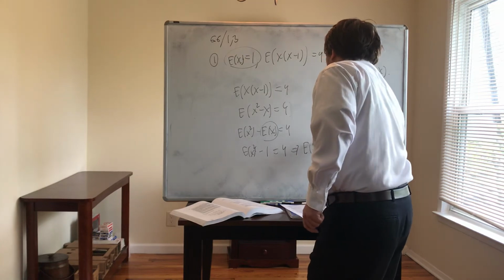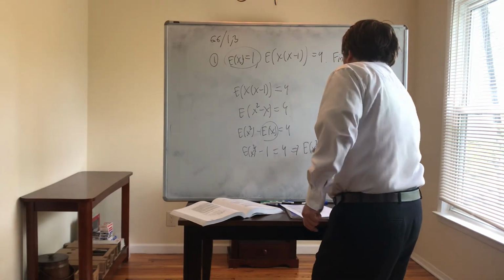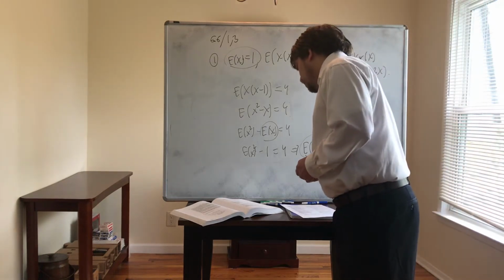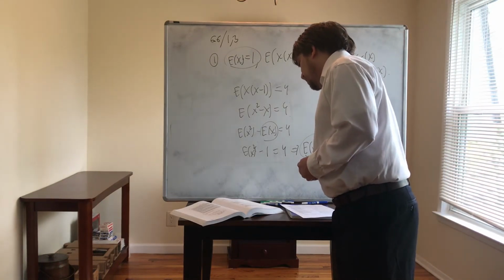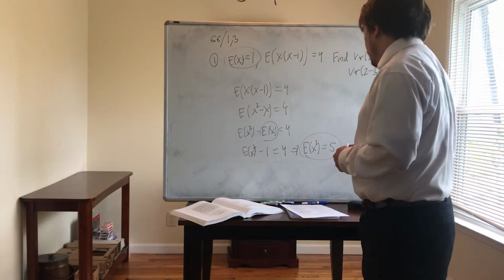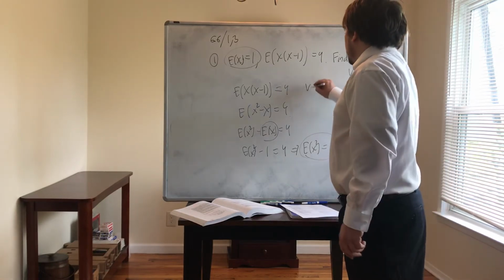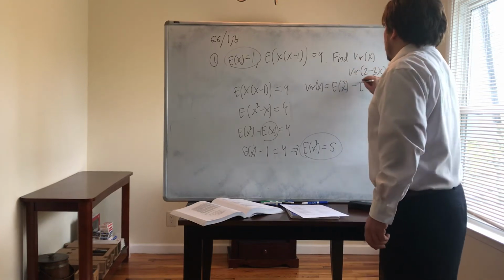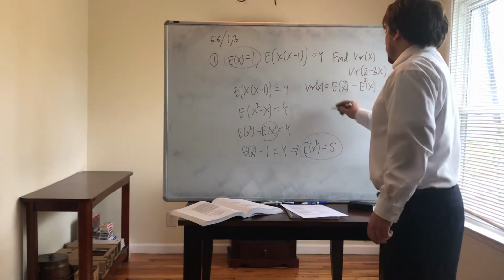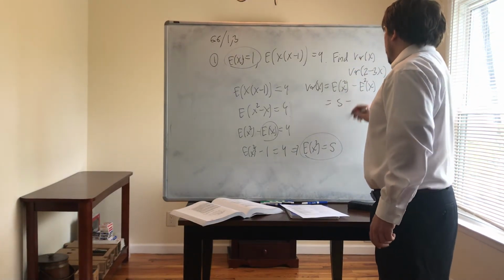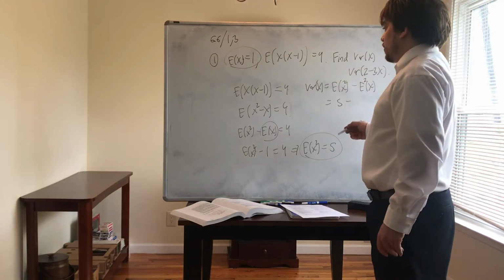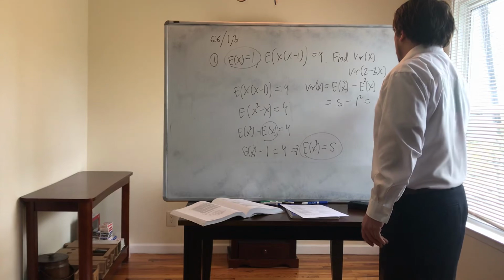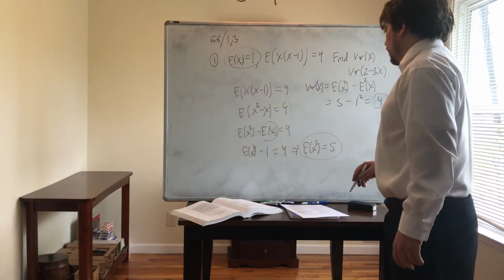That implies E of x squared is equal to 5. So the variance of x is E of x squared minus E squared of x, which is 5 minus 1 squared, which is 4. That's the variance of x.